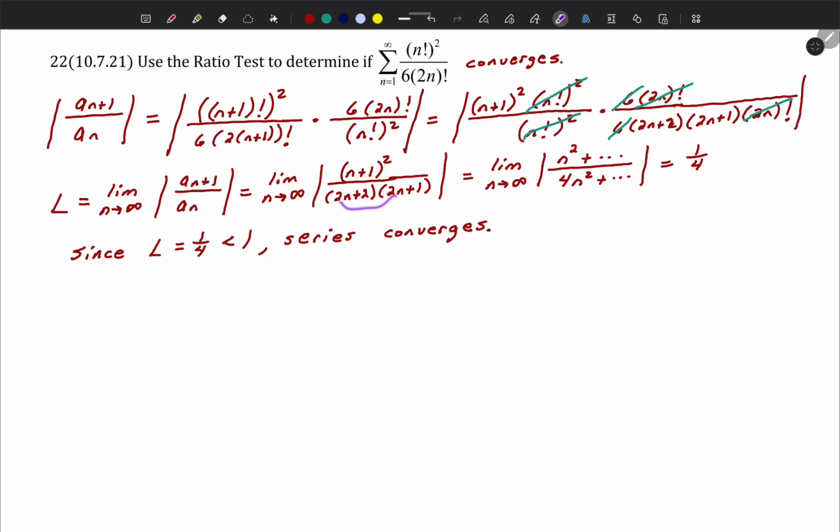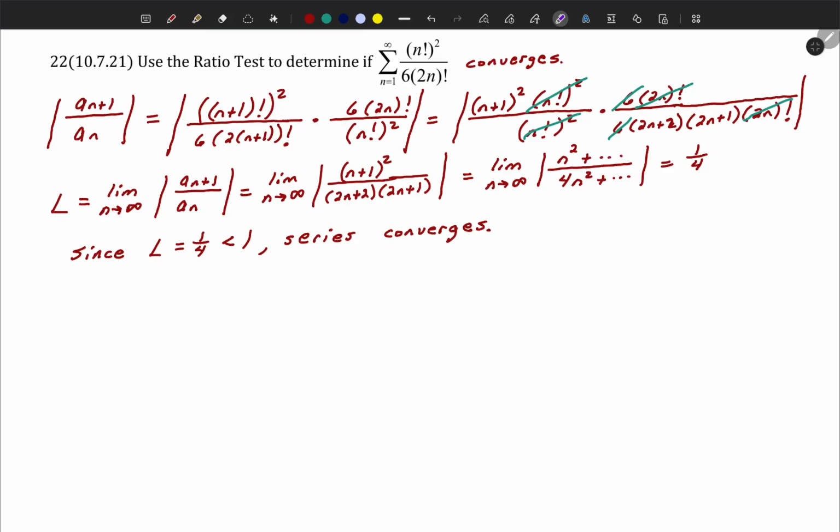Similarly, in the denominator, I would have 4n squared plus a bunch of other terms that don't matter. So when I take the limit as n approaches infinity, I'll just get 1/4.